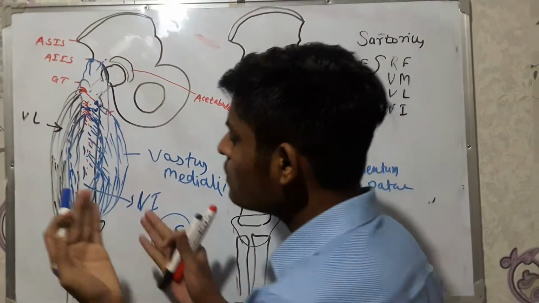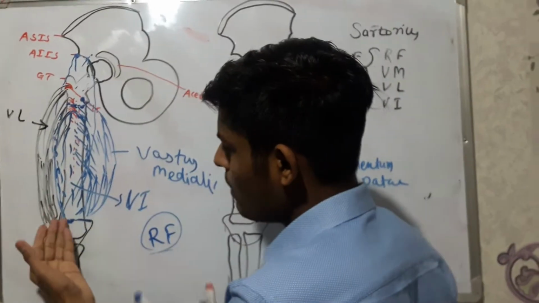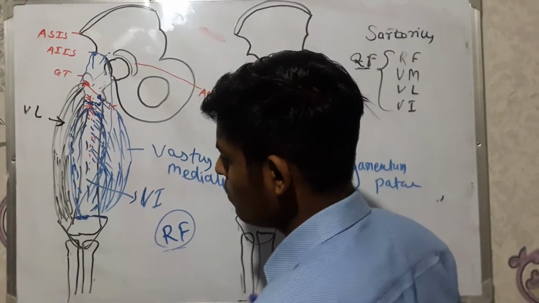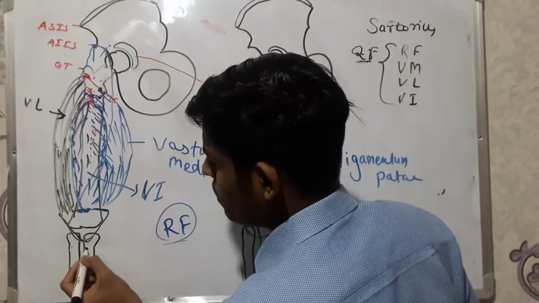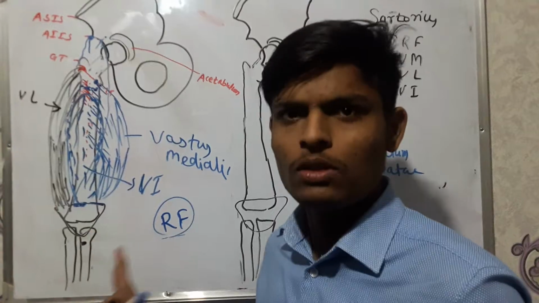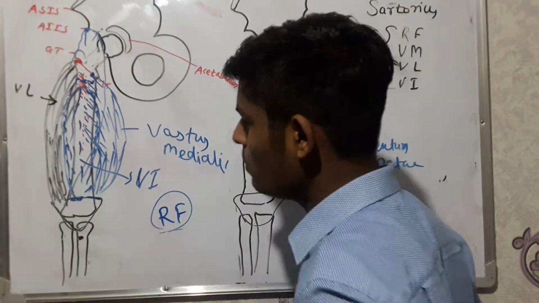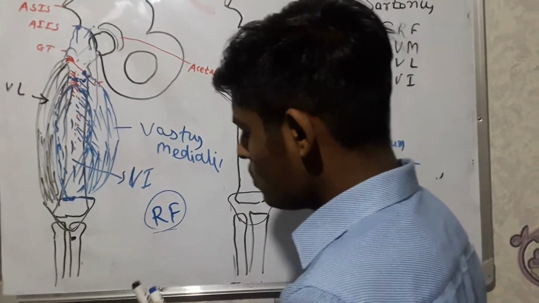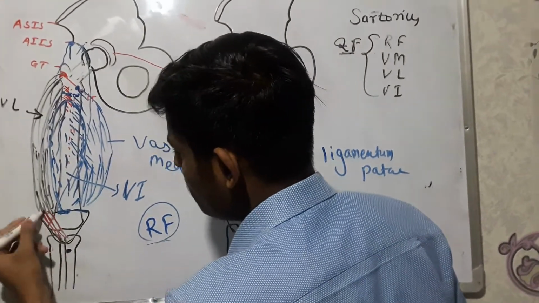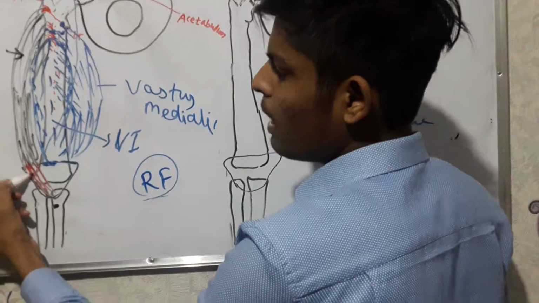It is nothing but just the extension of these insertion fibers up to the tibial tuberosity. Somewhere here, this is the tibial bone. Let's suppose this point is the tibial tuberosity. Actually these will be fibers of tendons.